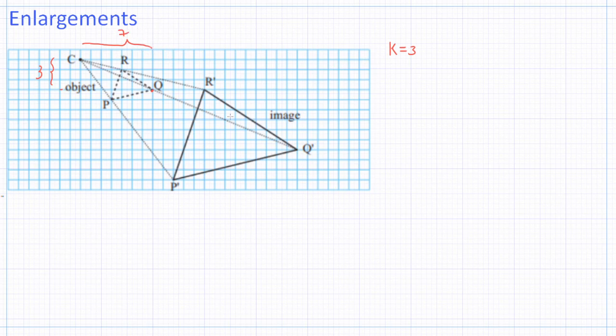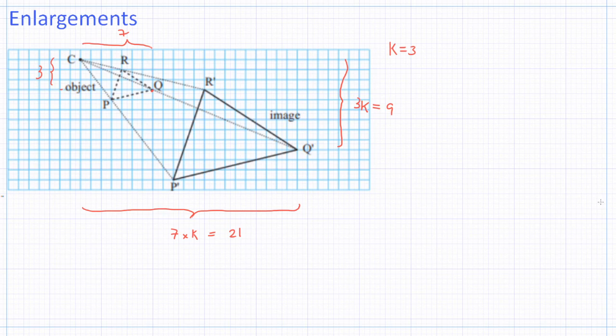Well, K equals 3, so we know that our new point Q prime, this distance, should be 7 times K, which is 21. For the height, our point Q was at 3, so now it should be 3K, which is 9. And we can count 1, 2, 3, 4, 5, 6, 7, 8, 9. There we go. So for enlargement, that's usually what we're going to do.